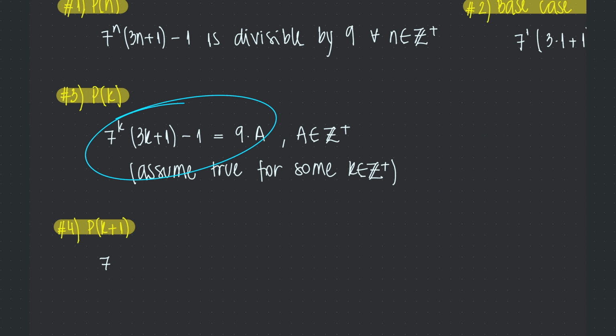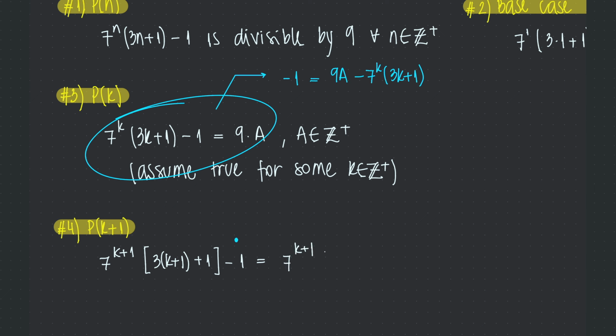Now, on to p of k plus 1. Let's rewrite our p of k, substituting k plus 1 over here and over here. And this is what we get. Now, one substitution that we can use is replacing the negative 1 that shows up over here by 9a minus 7 to the k, 3k plus 1.